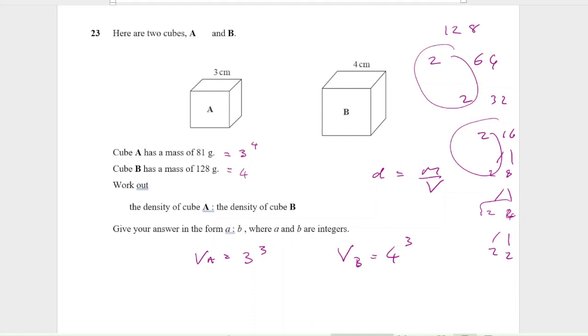So it would be 2 to the power 7. And then 4 squared is going to be 2 squared times 3. So that would actually be 2 to the power 4.